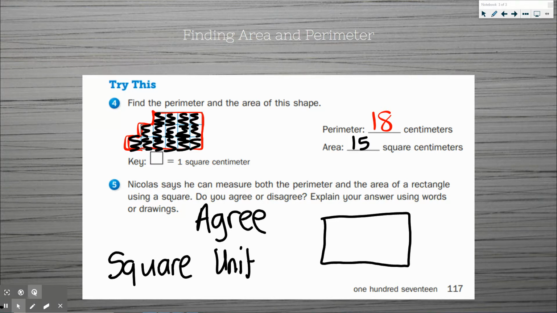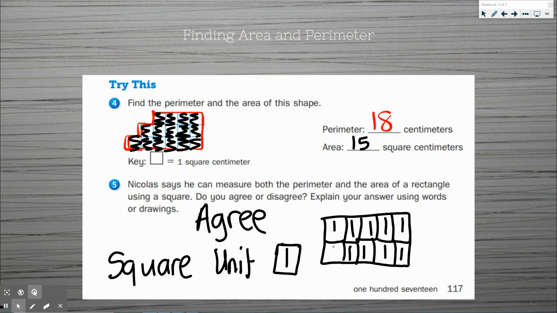So if I know that my square that I have is 1 square inch or 1 square foot, then I would be able to put in each of these squares, and I would say, well, that's 1. I'd be able to go along the whole thing and tell you that each of these is 1 square foot.